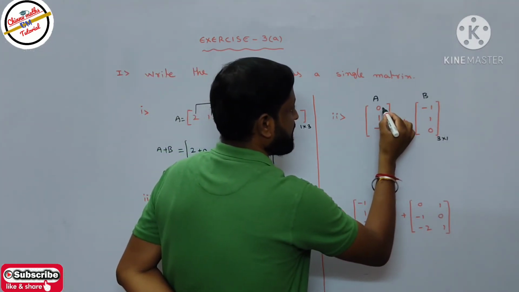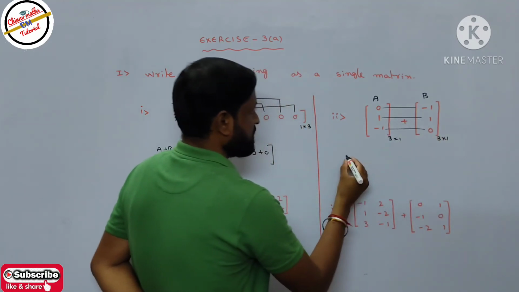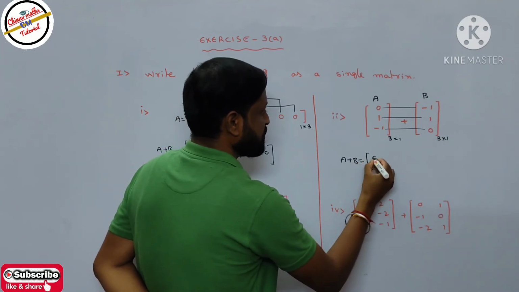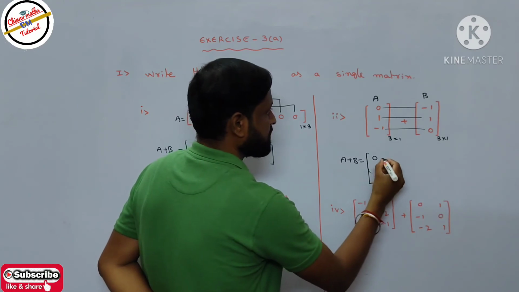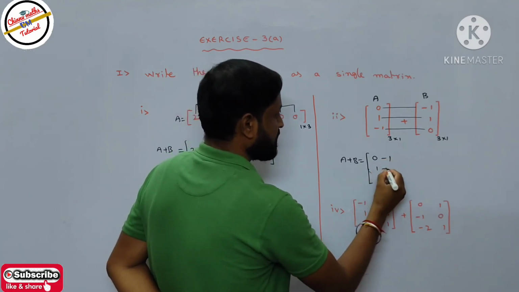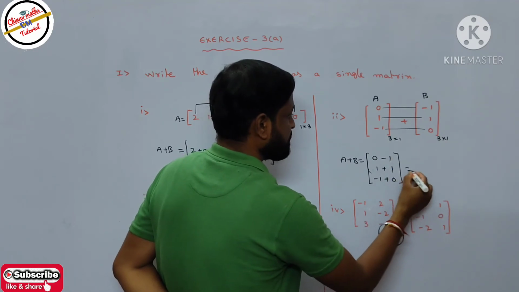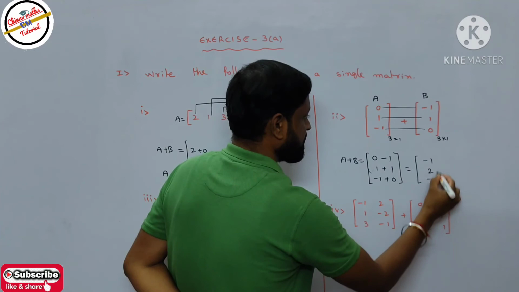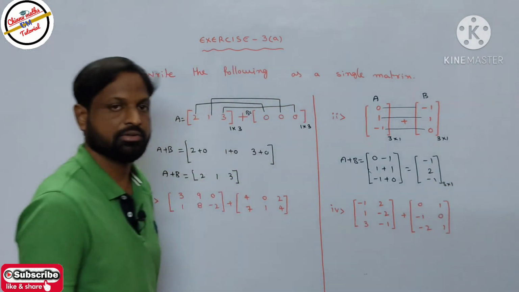Then A plus B equals 0 minus 1, 0 minus 1, 1 plus 1, and minus 1 plus 0. It is equivalent to minus 1, 2, minus 1. It will also be the same order.